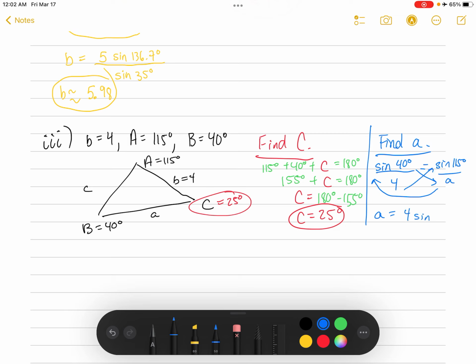So I got a is 4 sine of 115 over sine of 40. And since we're dealing with a length, we'll go to 2 decimal places, approximating in our calculators: 4 times the sine of 115, close parentheses, divided by sine of 40. Got 5.64 approximately.